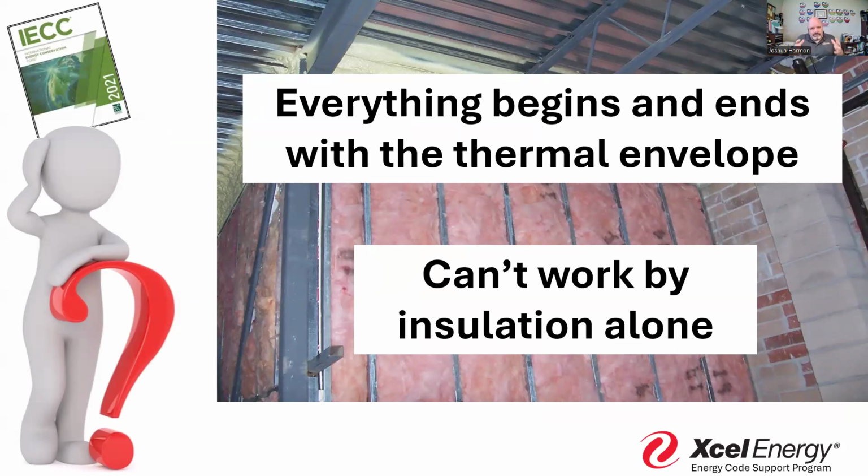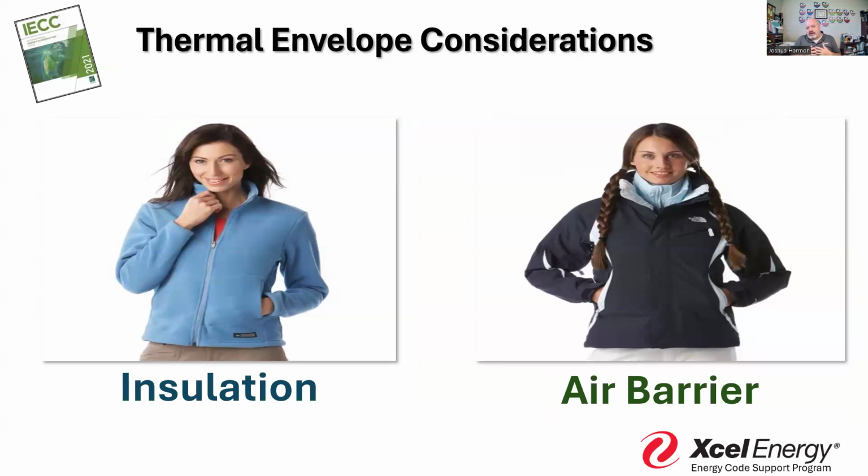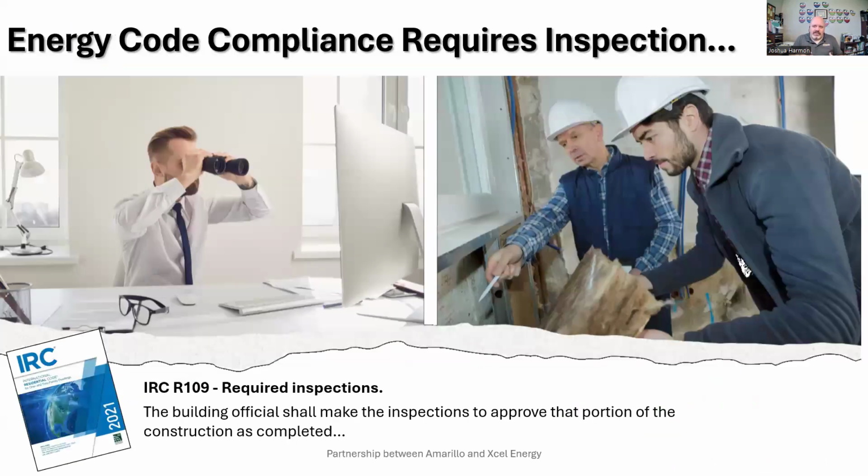It's more than just insulation in a wall. It's all about the relationship between insulation and our air barrier, that hand and glove, that coat and shell, that thermal and shell relationship that we see, right? And as much as we put into design and as much as we put into the plan review process, it's really that inspection that drives compliance, that reminds us what compliance looks like.